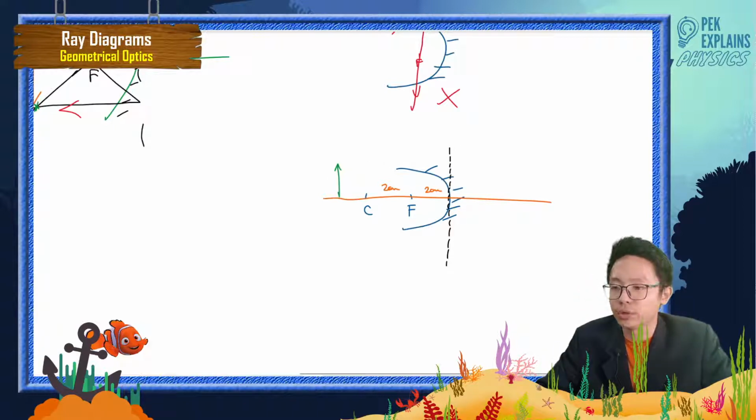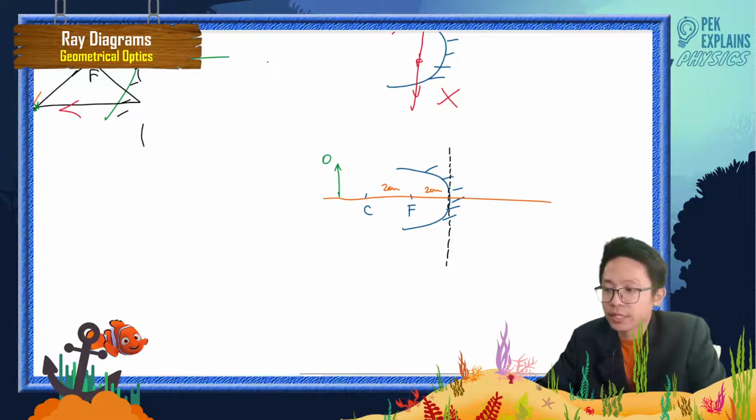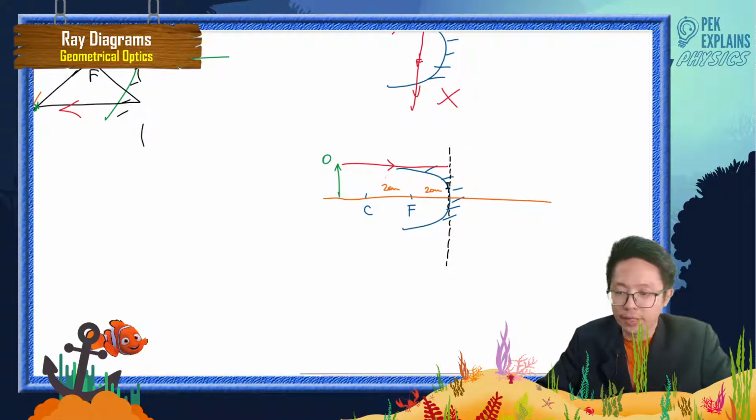When you draw the ray diagram, make sure your ray falls not on the surface but on the straight line. Falls onto the straight line. Coming parallel, it will be focused to the focal point.